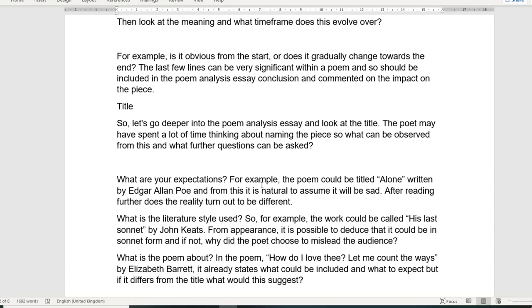You're naming it. It's going to be the name of the poem. It's a very important few words. They choose those few words because generally it is there to set the scene or set our expectations as readers as to what the poem is going to be about. It also informs the tone of the poem.